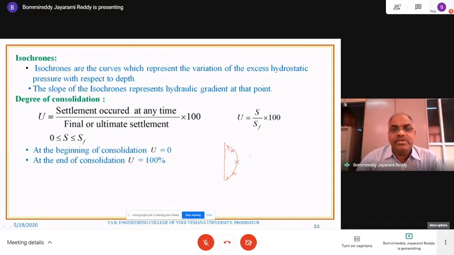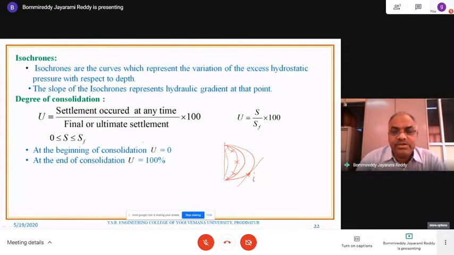So this is another isochron, it may be another isochron. Several isochrons may be present. And the slope of the isochron at a given level is called the hydraulic gradient.